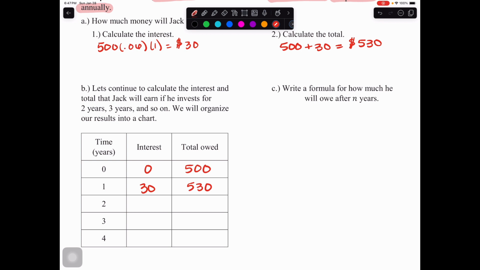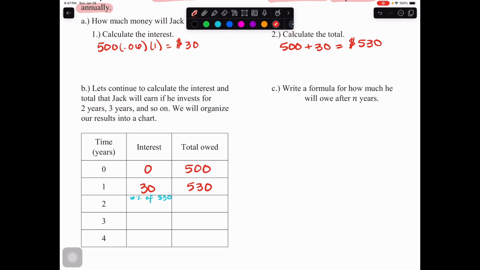When we look at year 2, this is when things start to change. In simple interest, I would just go back and find 6% of the principal amount again. I'd get the same thing, and I'd see a constant rate of change, and I would see it growing linearly. Here, I am going to now find 6% of my most recent amount, which was 530.